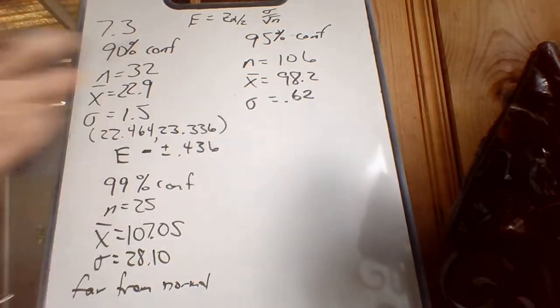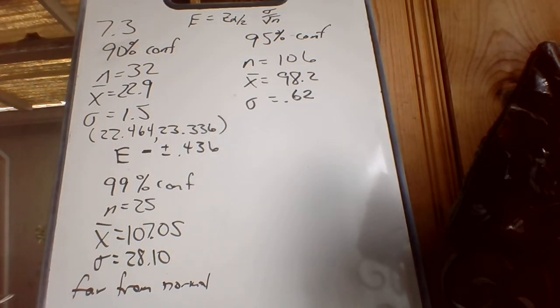Okay, different problem now. Read carefully through the problem. I got sigma. I got the mean. So I go stat, test, Z interval. If you accidentally end up in Z test instead, it starts asking you for things you don't have. It asks for way more information than this right here. All right, so I'm doing stats. Sigma this time is apparently known to be 0.62. X bar is 98.2. n is 106. C-level, 0.95.